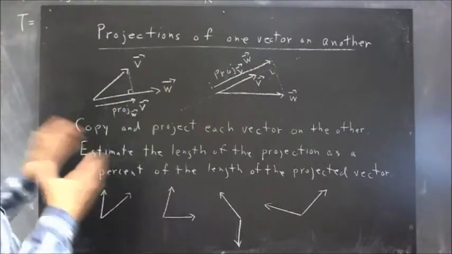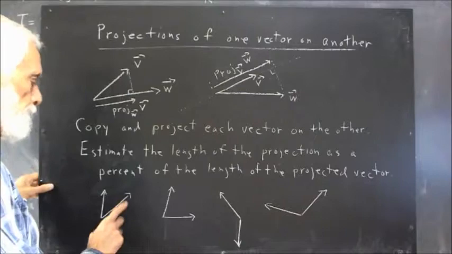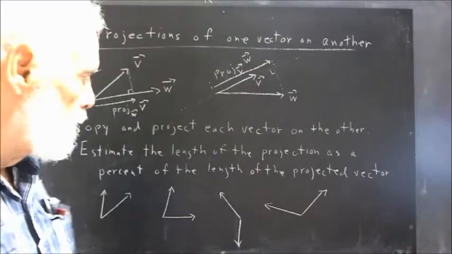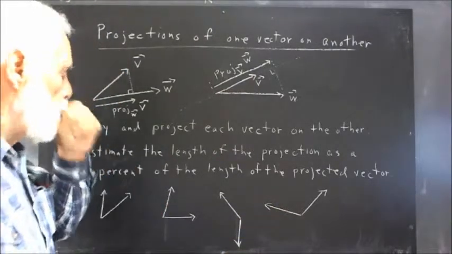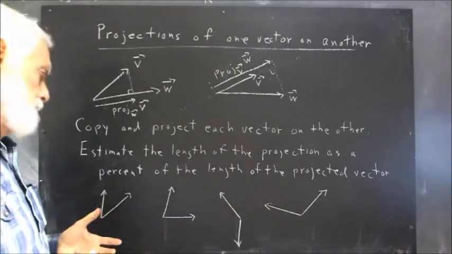So for this given picture, we project this vector onto this one, then we project this vector onto this one. So that's going to be 8 projections you do for the 3 vectors. Also, if your projection is negative, you're going to want to report a negative percent.